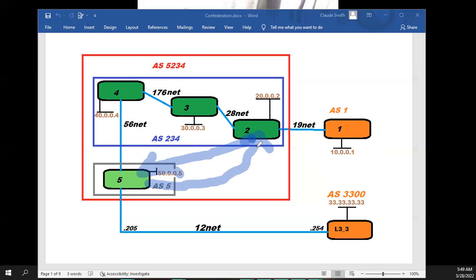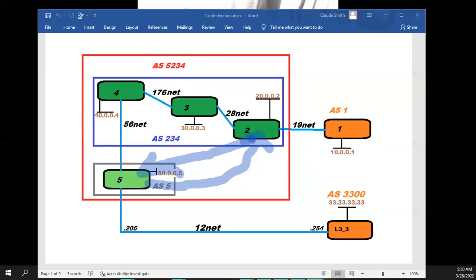Wait a minute, I see myself in it. This information originated from me. So once router 2 sees that, it would recognize that as a loop and would pretty much discard that packet. But like I said, that's what route reflectors do.